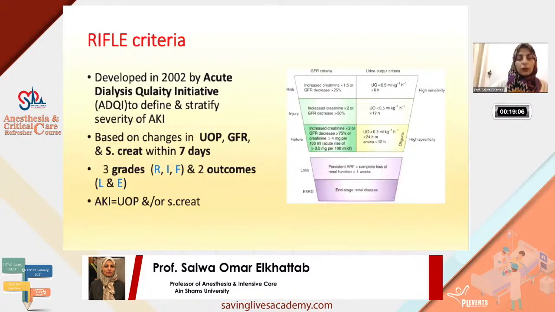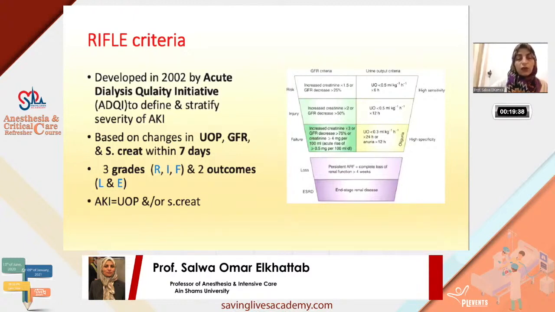It's based on urine output and GFR or serum creatinine, and they identify 7 days for these changes to diagnose AKI. And this criteria has 3 grades: risk of having AKI, injury of the kidney, or failure. It also comprises 2 outcomes: loss of kidney function and end-stage renal disease.